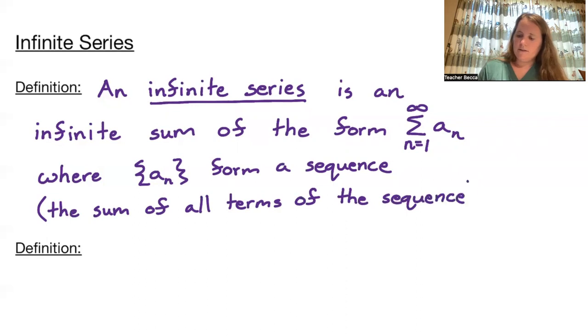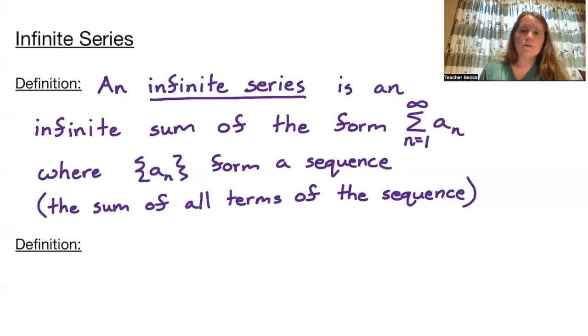So the question is essentially, how do we find an infinite sum? It turns out in order to find an infinite sum, we will use something called a partial sum.